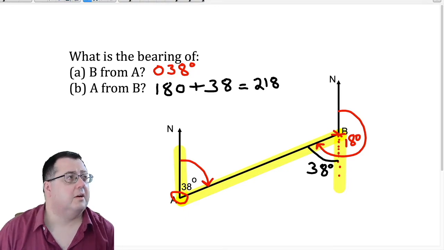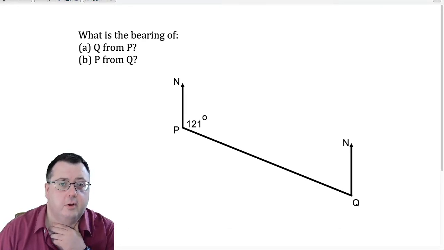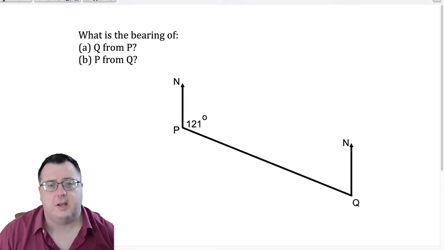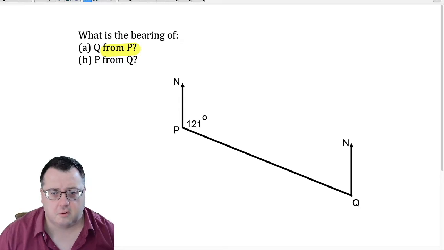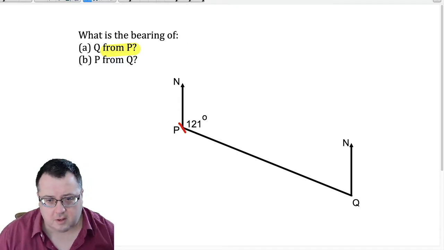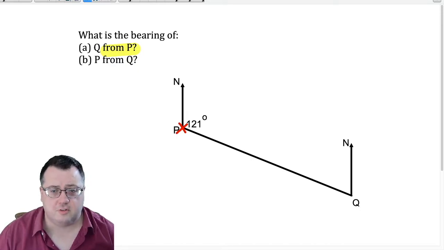Okay, next example. So we've got Q and P this time. What is the bearing of Q from P? So we are starting at P because it tells us from P. So I'm just going to get a mark here from P. We're going to measure from north, so we have to draw in the north line.